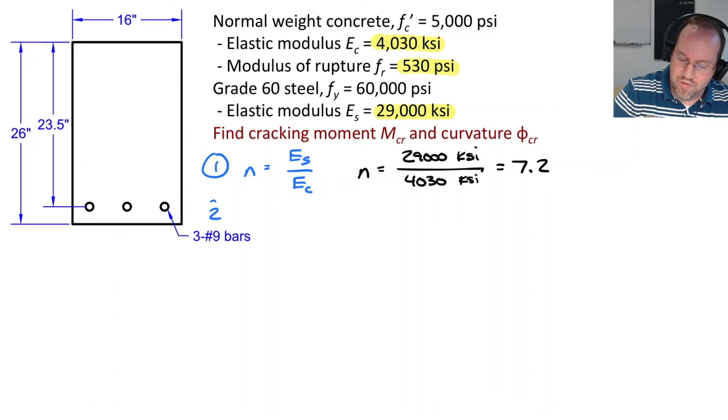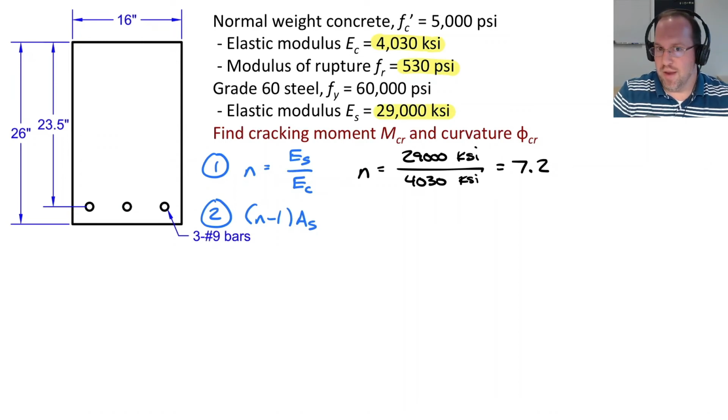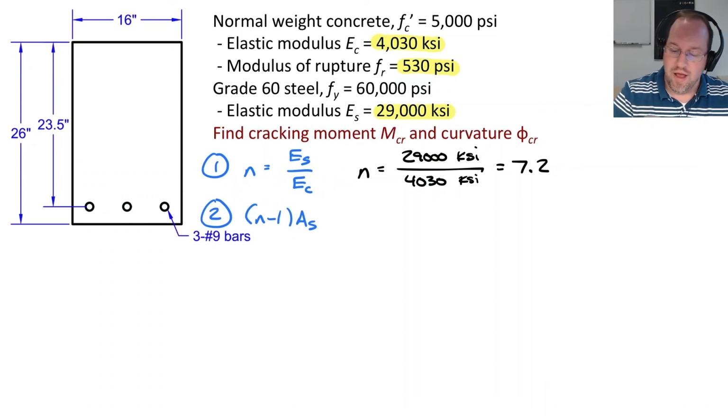Next, I want to find a transformed steel area, and that's n minus 1 times the area of steel. I have for my steel 3 number 9 bars. So a number 9 bar has a diameter of 9/8 of an inch. The number corresponds to the number of eighths of an inch that the bar diameter is equal to. So I have 3 9/8 inch diameter bars.